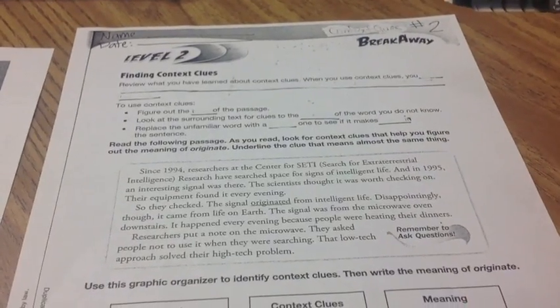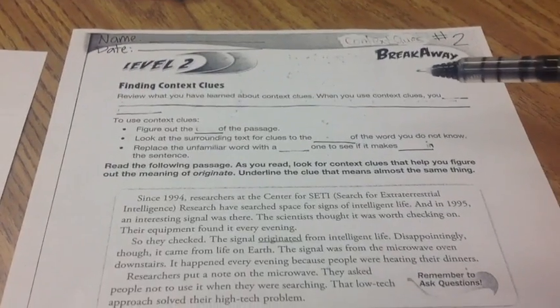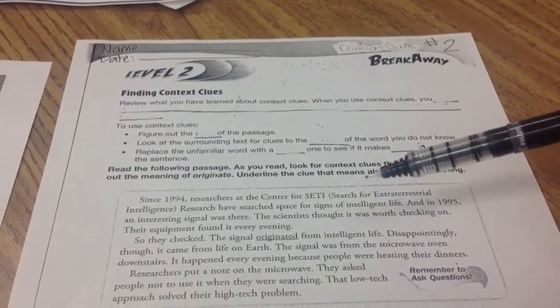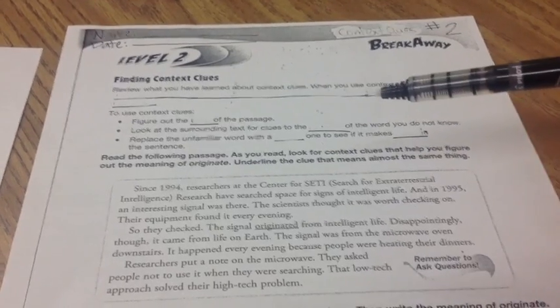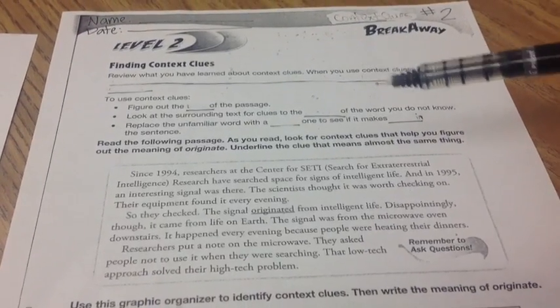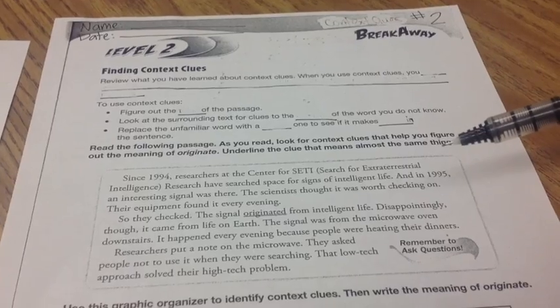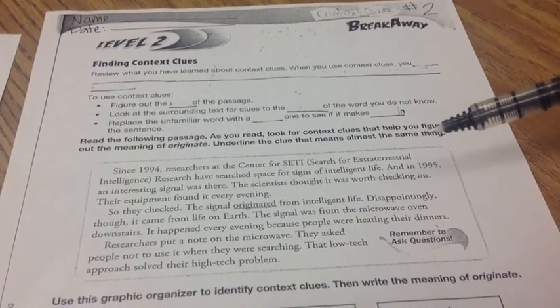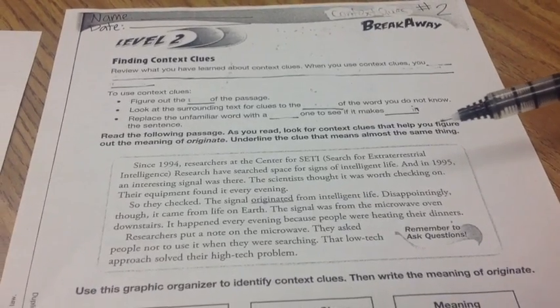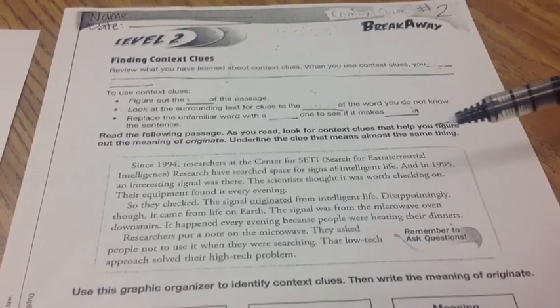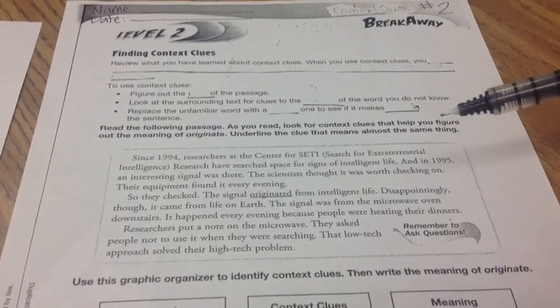Okay. Let's go ahead and start by reading a review of what context clues are. It says finding context clues. Review what you have learned about context clues. When you use context clues, you think about what you do when you use context clues. We're going to put a definition of that there.